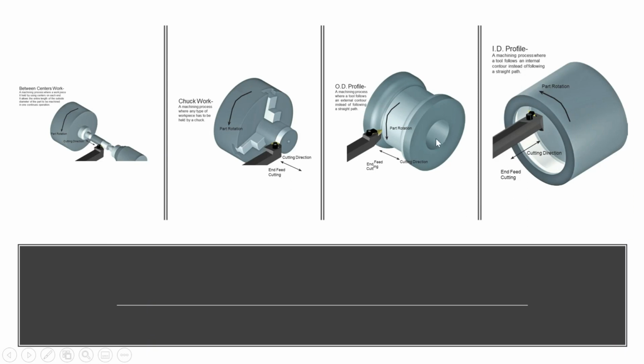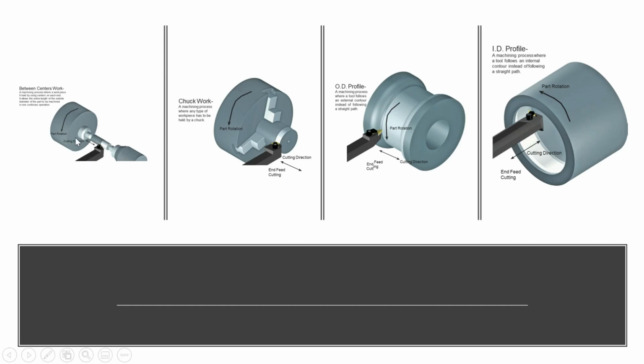So these are the different kinds of operations that can be carried out on CNC turning machines. You can observe here there is a difference in tool holder. This is an OD profile, this is an ID profile. In this, the work is held between centers.